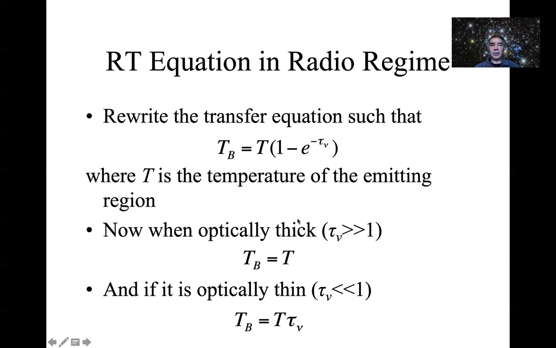Okay. So now we have two interesting cases. So again, in the optically thick case, if we measure a brightness temperature with our radio telescope, because it's a way of characterizing the intensity of the radiation, if we know our medium is optically thick, then we are exactly measuring the temperature of the gas we're looking at.